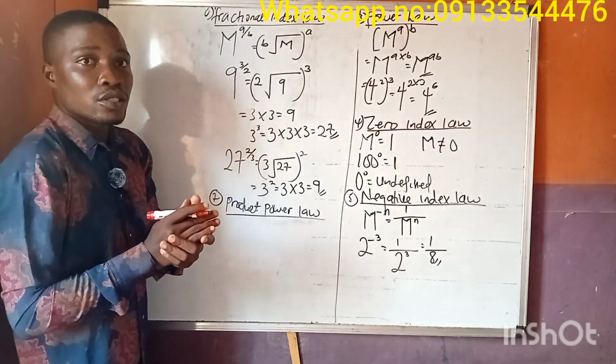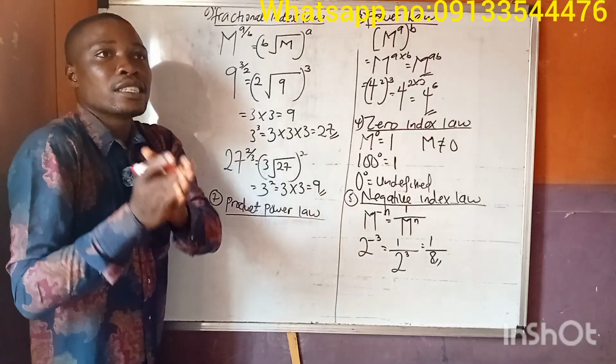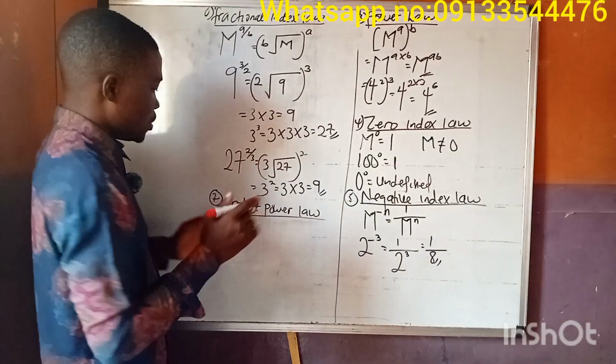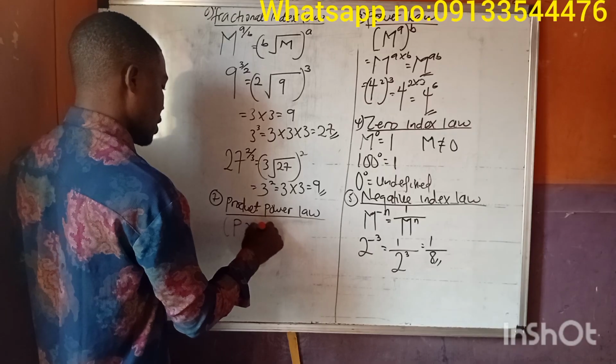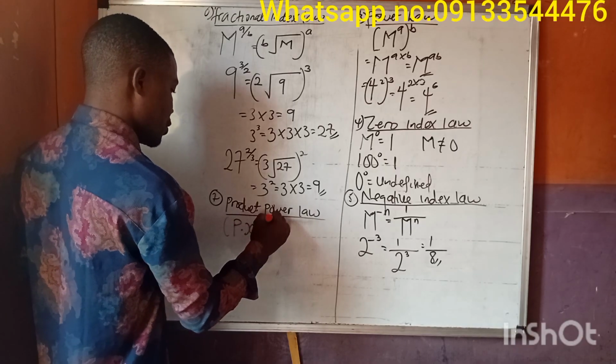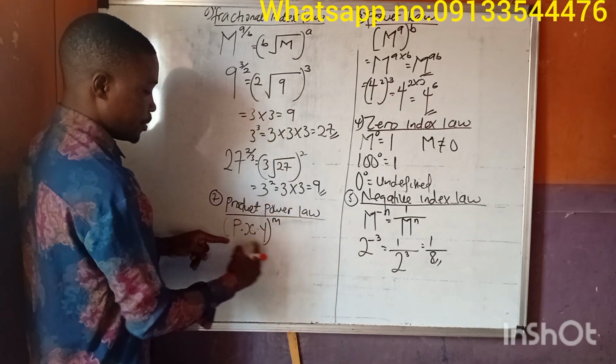The law says that you should assign the power to each number. This is it. Let's say you have p, x, and y raised to power, let's say m. Different numbers.